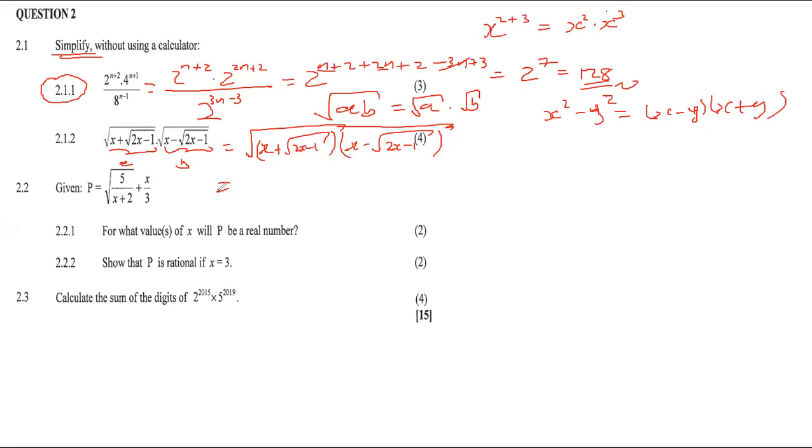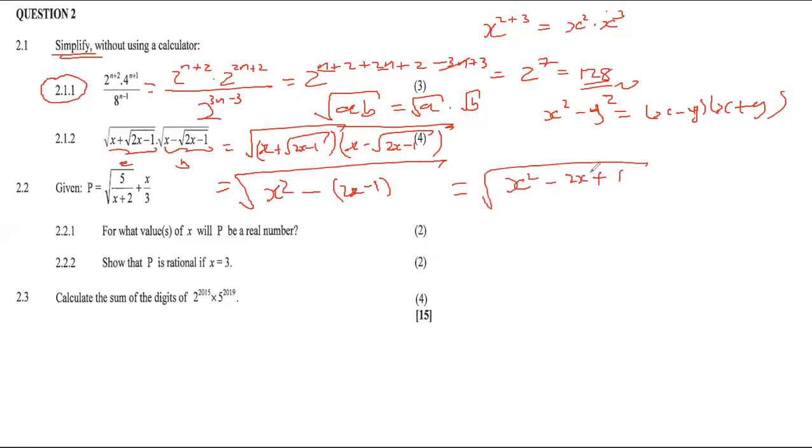So I'm not even going to bother multiplying this stuff out. I'm just going to have x squared, and if I multiply this and this, the square roots take care of each other. So I'm going to have minus 2x minus 1. That's it. And then, of course, this simplifies to x squared minus 2x plus 1.